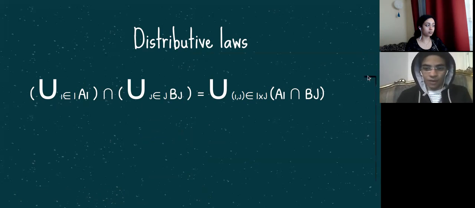Then this would be equivalent to the union taken over (i, j) belongs to I cross J, and this just means that i belongs to I and j belongs to J, because if you remember when we dealt with Cartesian products, if I have (a, b) belongs to A cross B, then I have that a belongs to A and b belongs to B. So I take the first member of the ordered pair, and it belongs to the first set in the Cartesian product, and the second element in the ordered pair belongs to the second set in the Cartesian product.